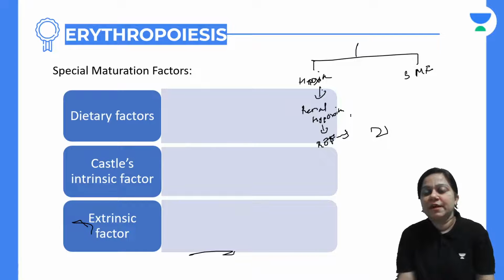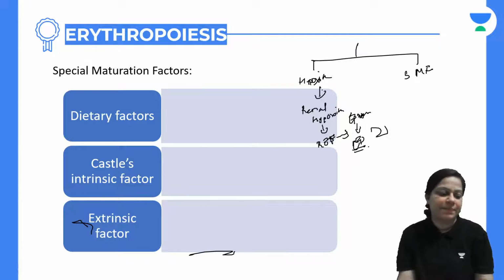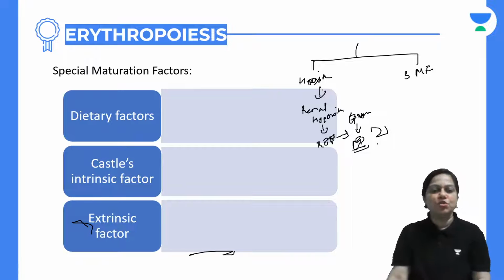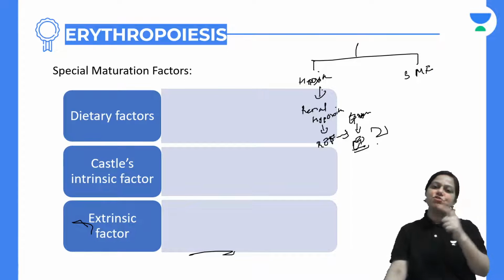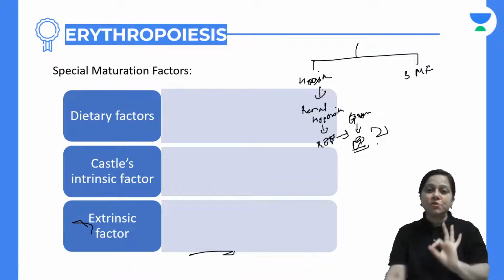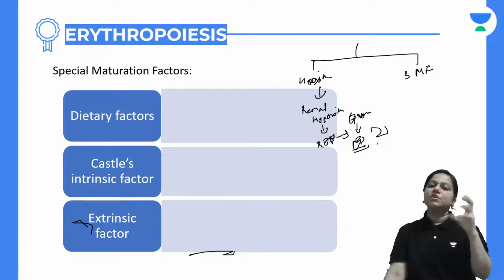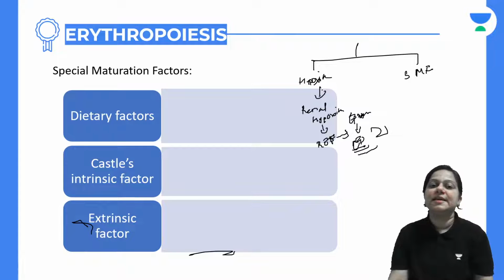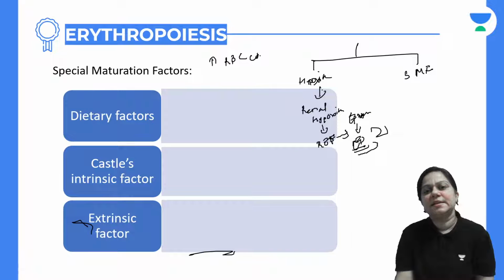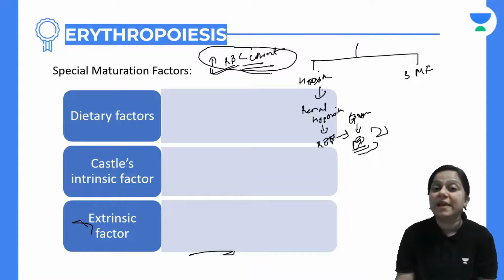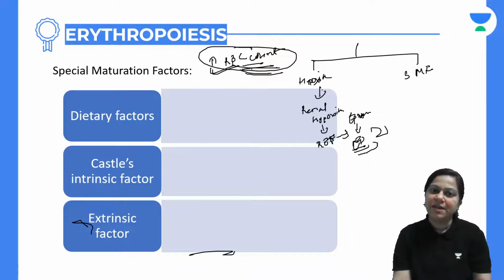It acts on erythropoietinogen, which causes formation of erythropoietin. Erythropoietin has a list of functions, but the overall effect is an increase in the RBC count in circulation, making more and more RBCs available. So that is about renal hypoxia.